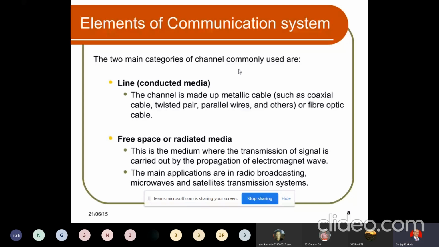Nowadays people are switching from this direct channel to the free space or radiated media channel. The medium of transmission here is a signal carried by the propagation of electromagnetic waves: radio broadcasting, microwaves, and one more is satellite transmission systems, right?